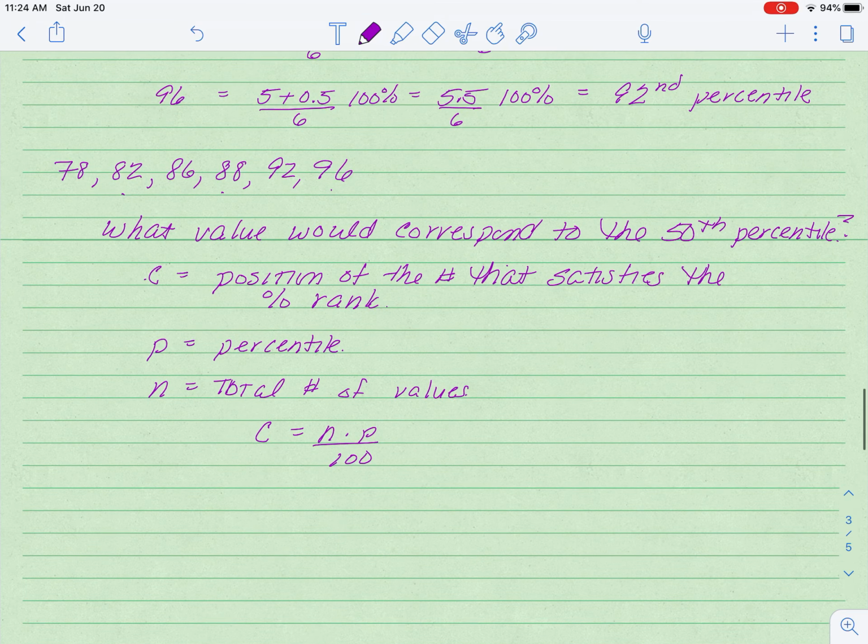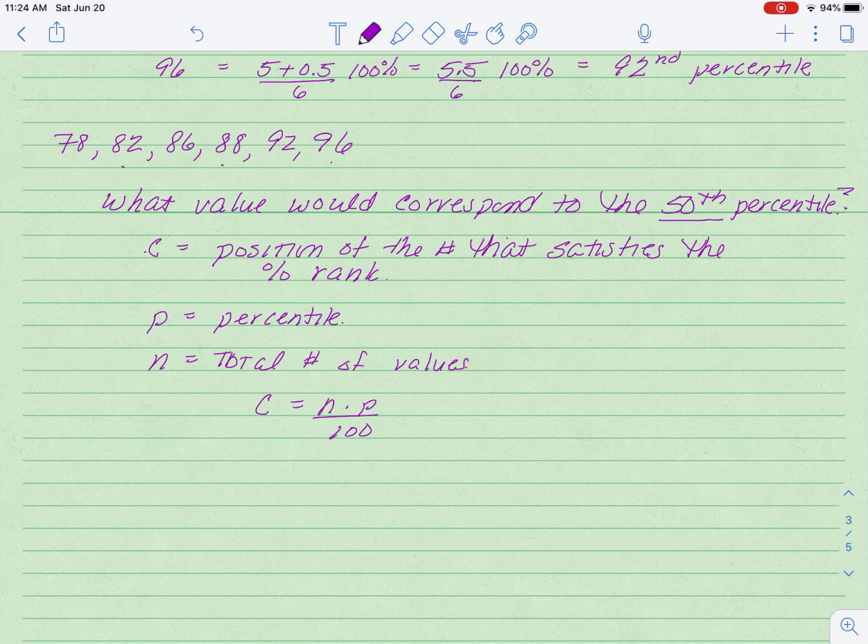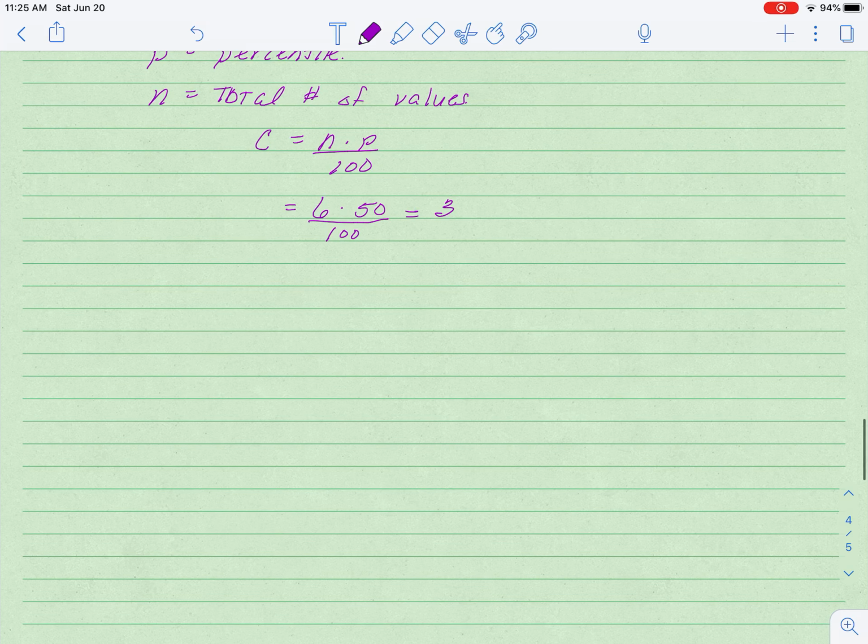All right, so if we want the 50th percentile rank, there are 1, 2, 3, 4, 5, 6 numbers. So N is 6, P is 50, and we want to divide by 100. And if we do that, we get 300 divided by 100, or 3. Now we got to be a little careful here, because if C is a decimal, you round up to the next whole number.